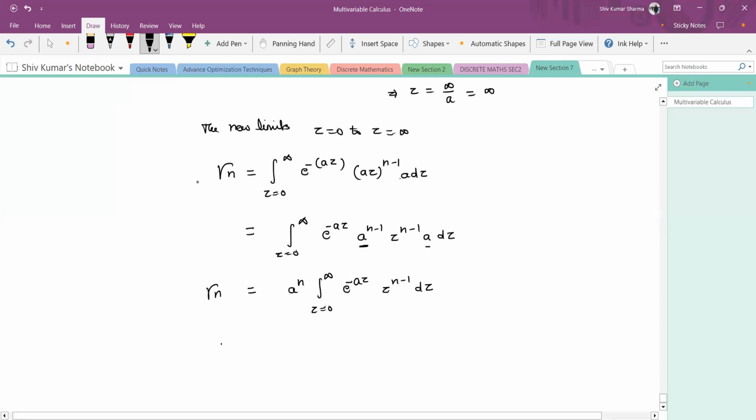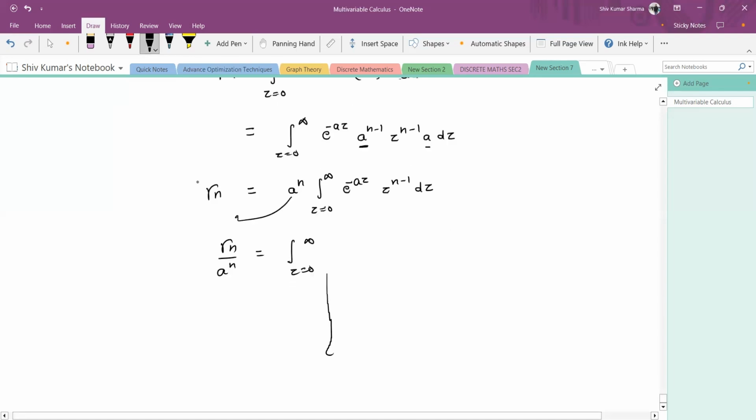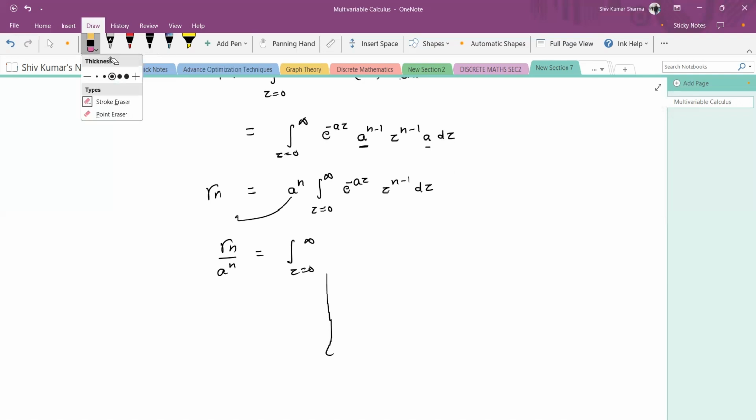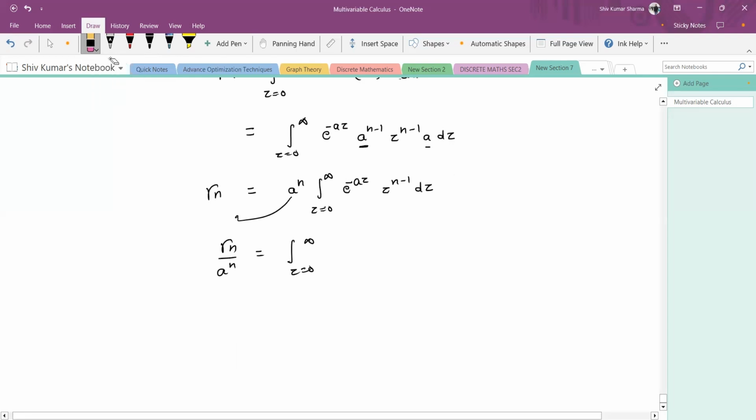Now this can be written as gamma n upon a raised to the power n, taking a raised to the power n to the LHS side and dividing, equal to integral z equal to 0 to infinity e raised to the power minus az and z raised to the power n minus 1 into dz.